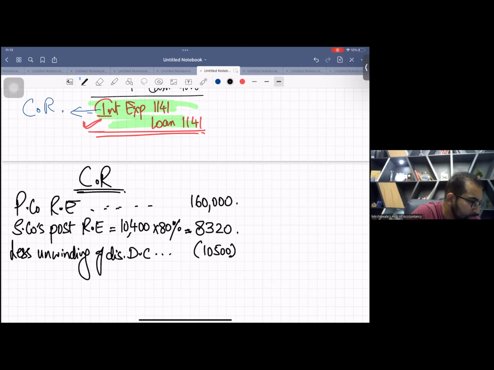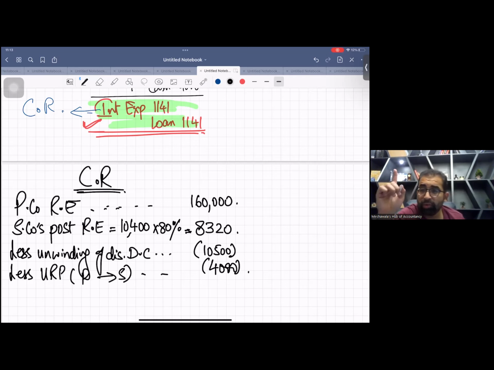Then the second thing is URP. Less URP P2S sale, it was 4,000. Remember?